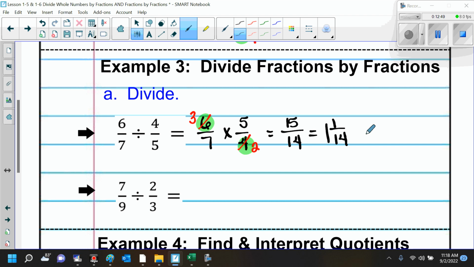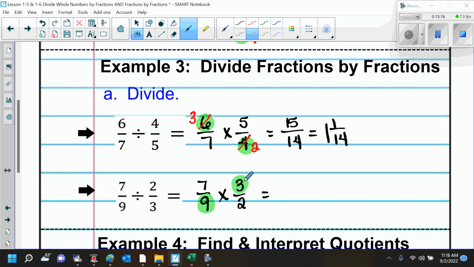So here we've got 7/9. So the 7/9 stays the same. The division becomes multiplication, and the 2/3 becomes 3/2. Very good. And of course, before we multiply, we can simplify. The 3 and the 9, right?